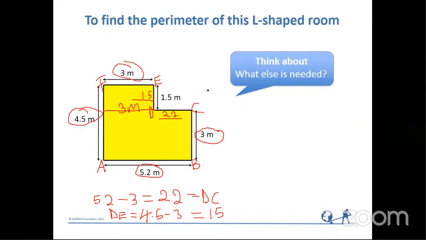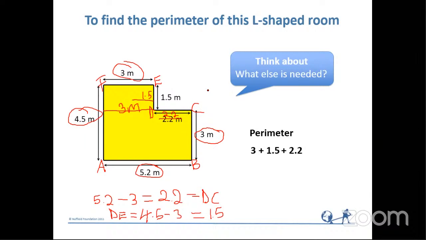So that we said is 1.5, that is 2.2, which answers are correct. So perimeter is 3 plus 1.5 plus 2.2 plus 5.2 plus 4.5 plus 3, and that gives us 19.4. So we began from BC.